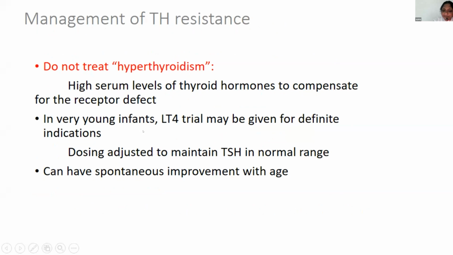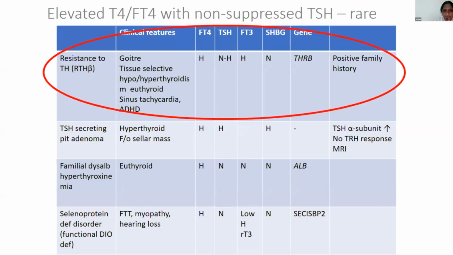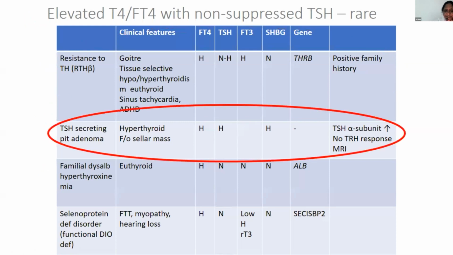In very young infants, levothyroxine may be given for a definite indication, but dosing has to be adjusted to maintain TSH in the normal range. I have a slide here, it's a little busy, but these are all conditions where there is non-suppressed TSH with elevated T4. One is resistance to thyroid hormones, where there's a positive family history.